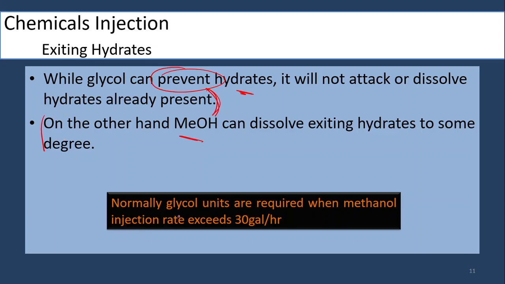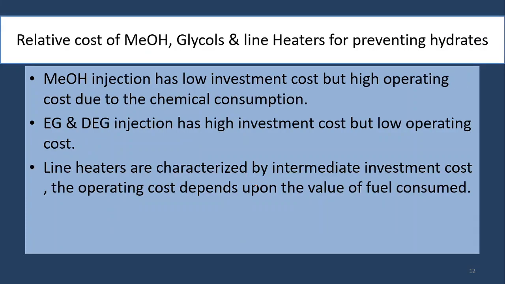Normally glycol units are required when the methanol injection rate exceeds 30 gallons per hour. That is one of the cases when the amount of methanol is increasing because there is continuous loss of methanol. So if more than 30 gallons per hour of methanol is required for preventing hydrates in the natural gas, then we can go for the glycol units.